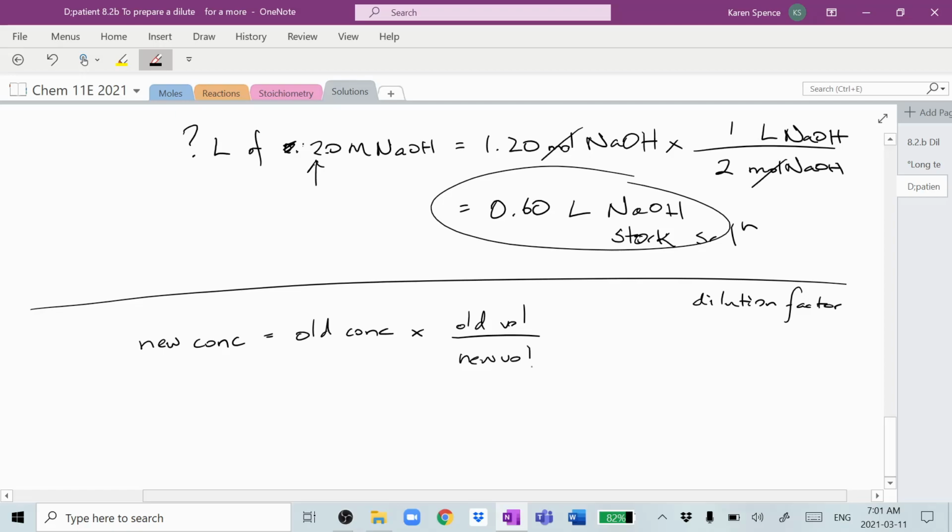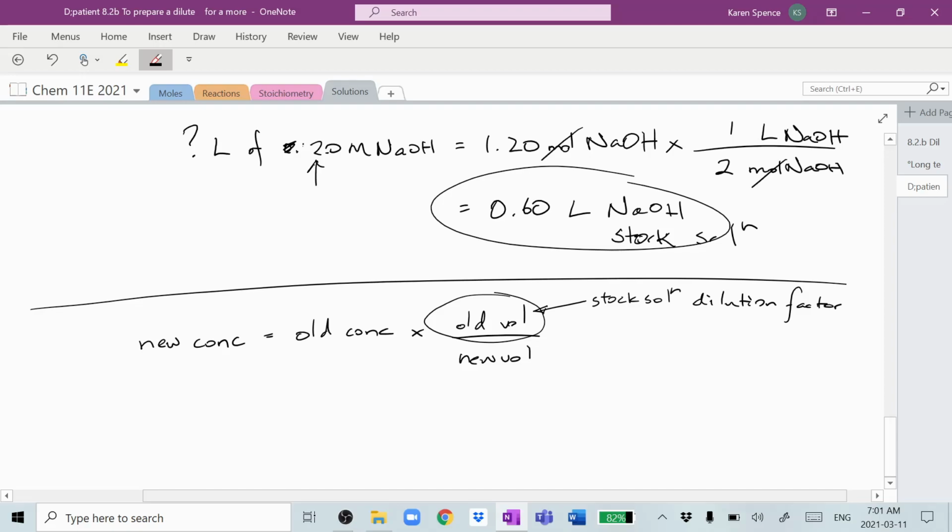We could, because at this point we are trying to find not the new volume, we want to find the old volume, because we're wanting to find the volume of the stock solution.